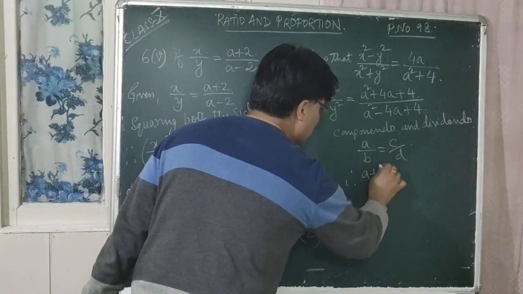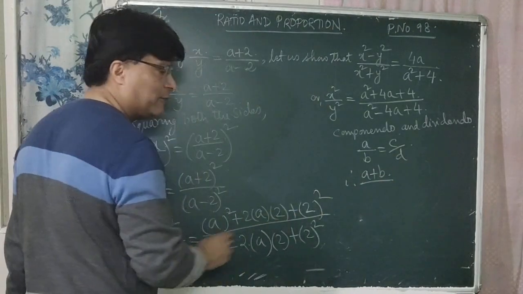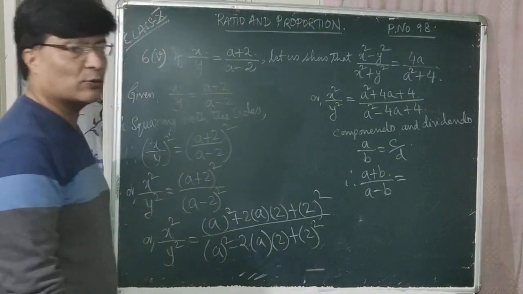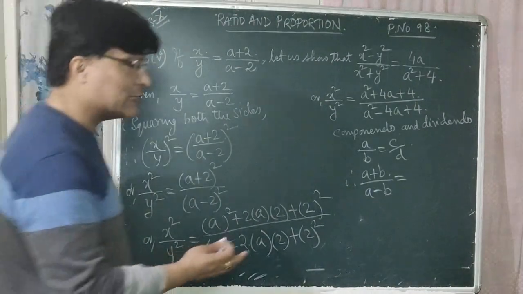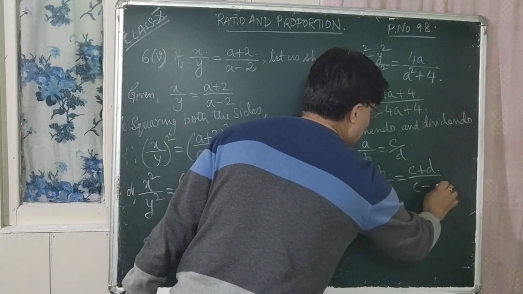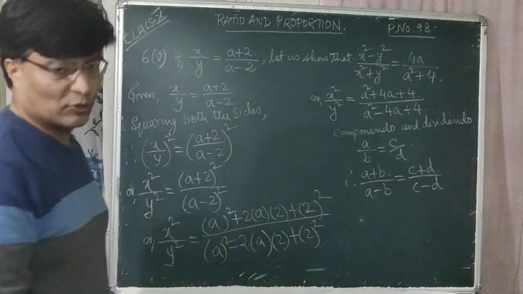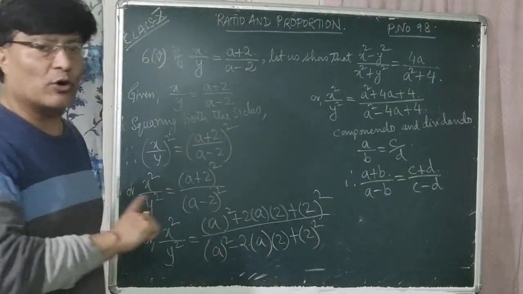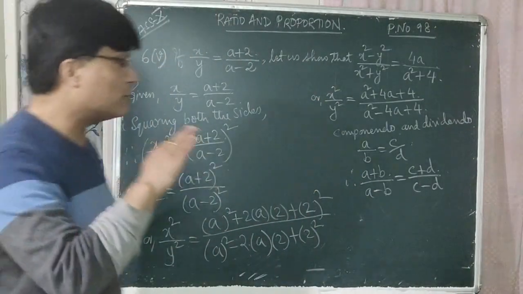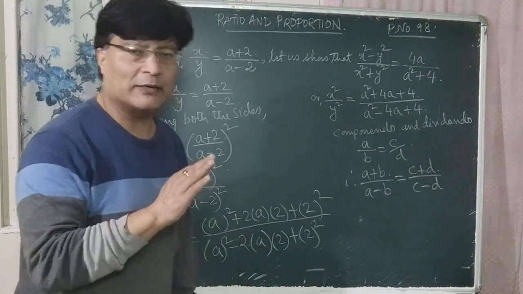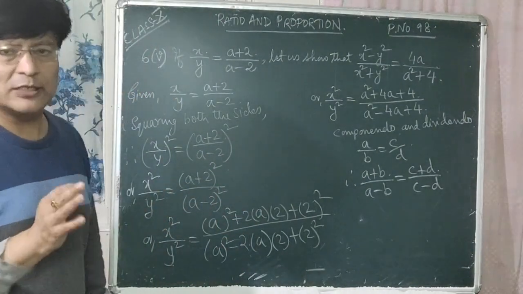That is numerator plus denominator divided by numerator minus denominator is equal to. On the right hand side also you have to write numerator plus denominator divided by numerator minus denominator.